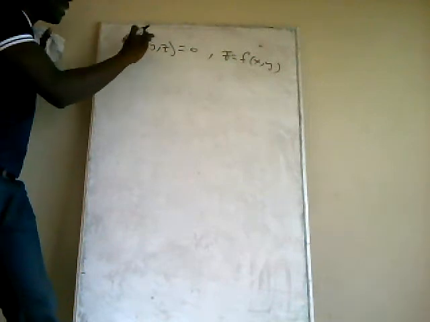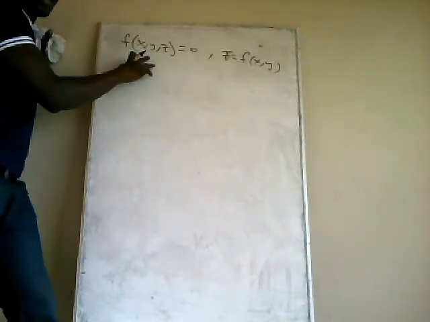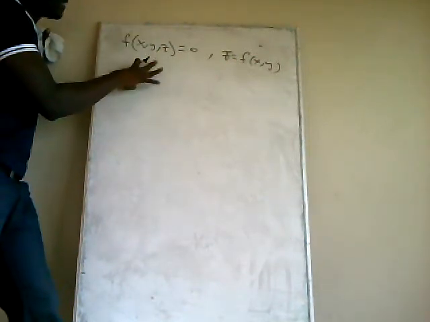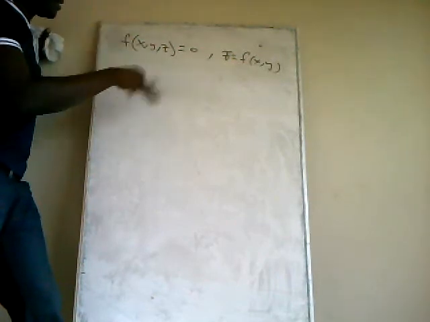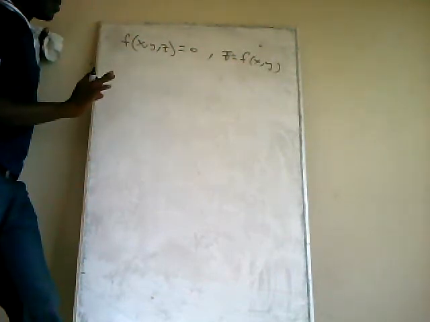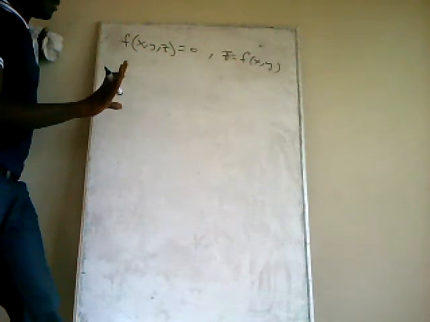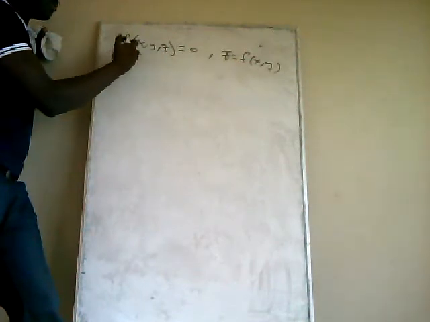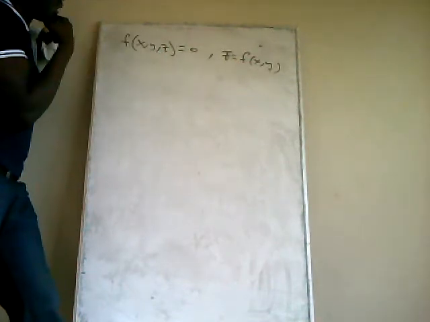Implicit because in this equation here, we can't just simply make z the subject. z is part of the function. We can't just simply make z the subject, as we saw in the other examples.